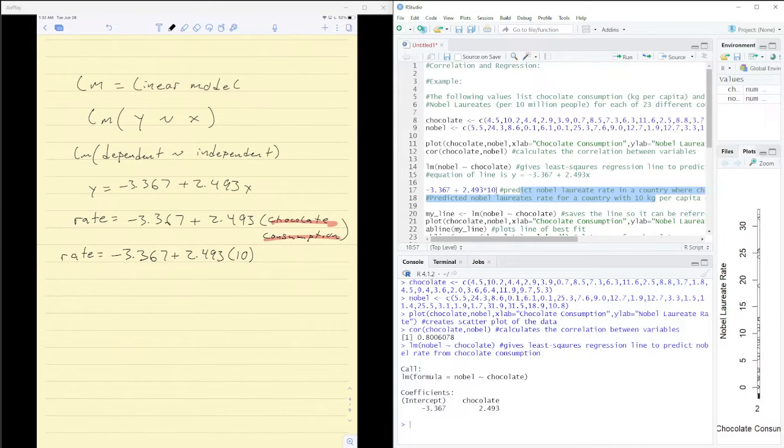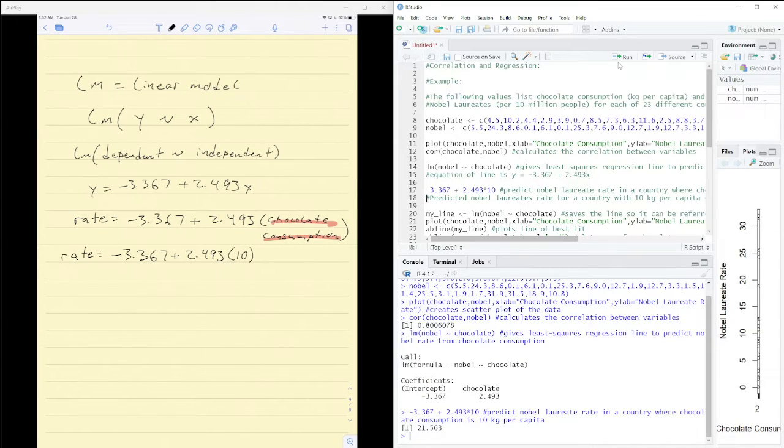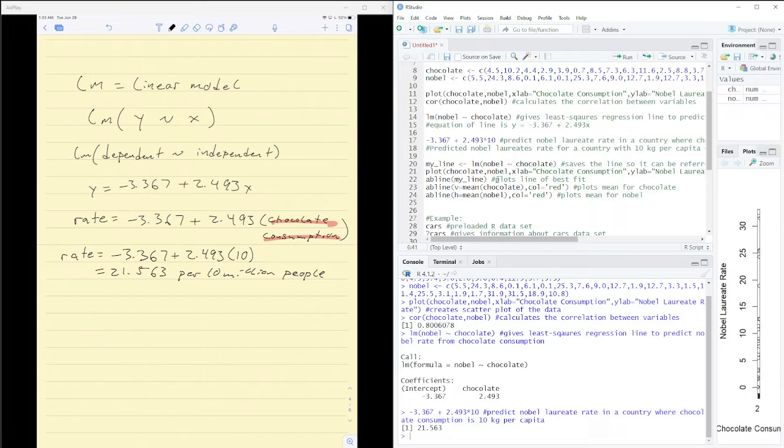And we can use R as a calculator to calculate that. And that gives us 21.563, remember the units here, per 10 million people. So we can use the line to make predictions with the data.